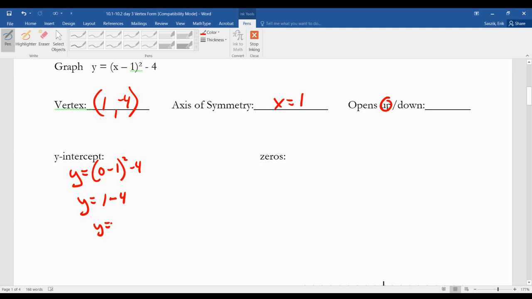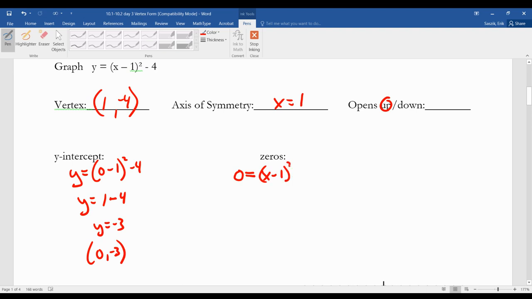So you get a y-intercept of negative 3. So all you're doing is plugging in 0 for x and evaluating. Now to find the zeros, remember it's called the zeros because y is 0. So I'm going to rewrite the equation.